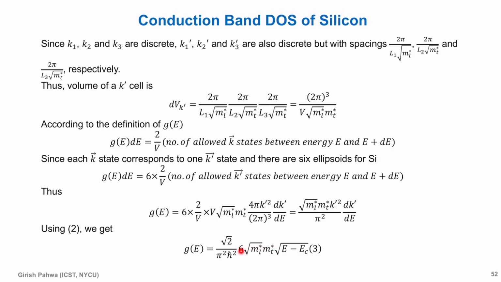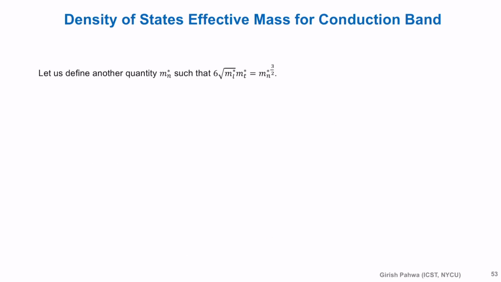Instead of this, you have something like m* to the power 3/2. So what I can do is simply replace this whole thing with this. Let me call this some m_n* to the power 3/2. And what is this m_n? This m_n is called the density of states effective mass.